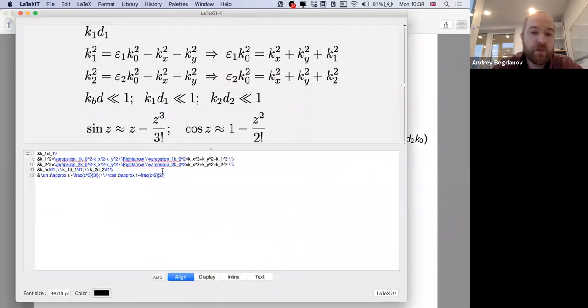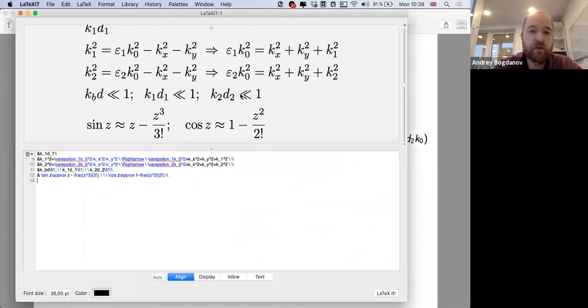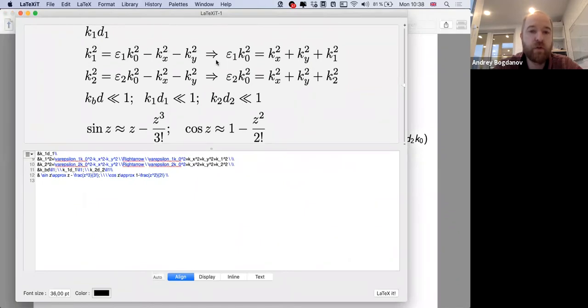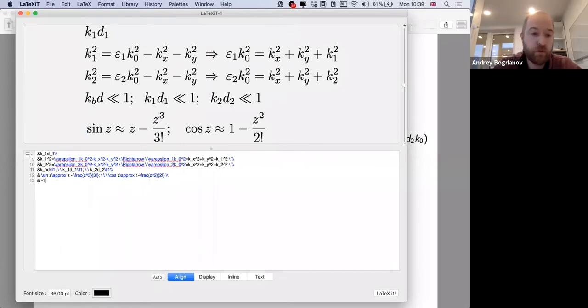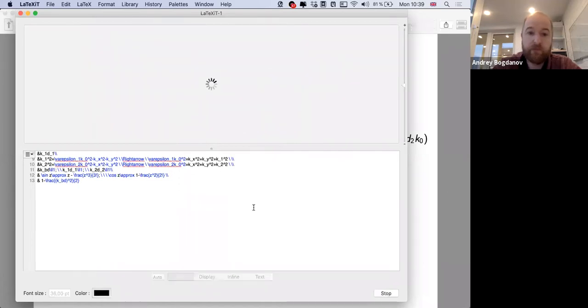In principle, guys, if you like, I can just write it here, and then I will copy this and send this to you, if you like. Yes, please. Okay, so it's not a problem for me. Yeah, it's 1 minus just fraction, KBD squared over 2. Yeah, this is the left part.